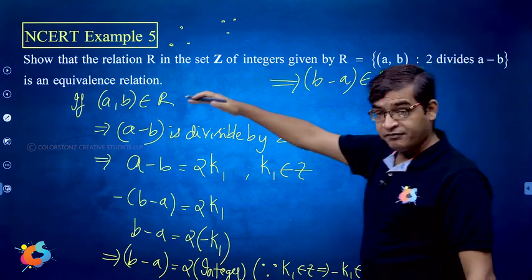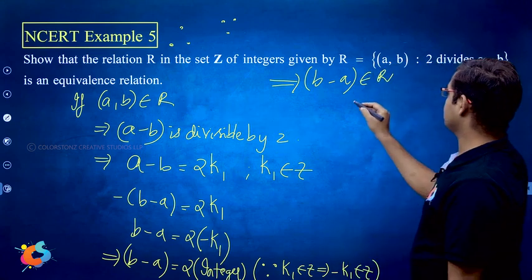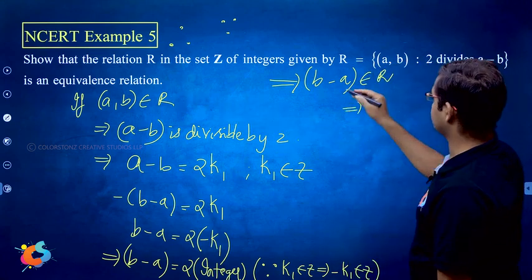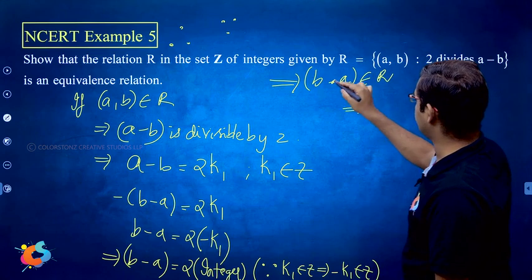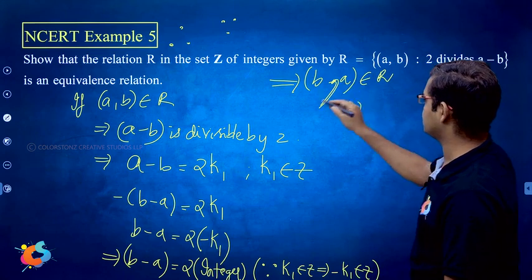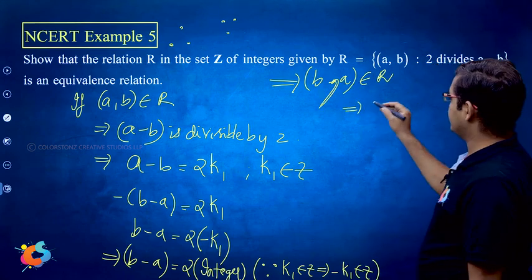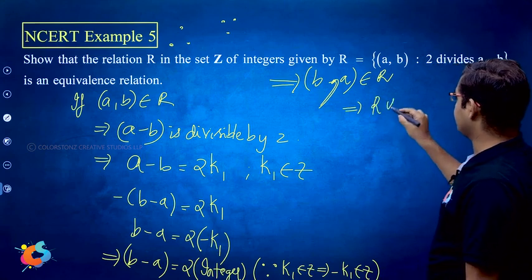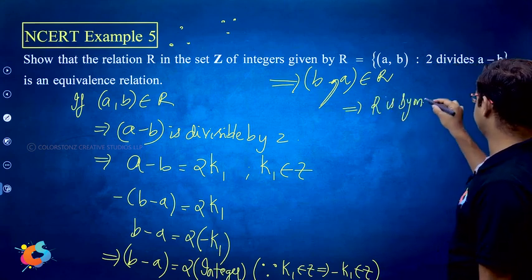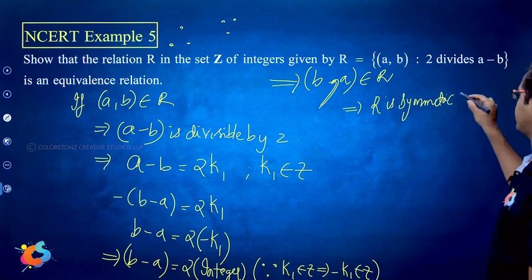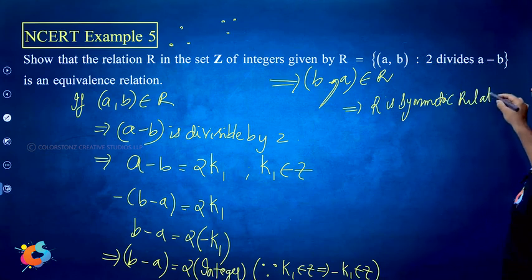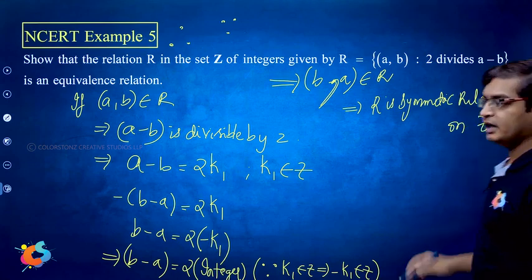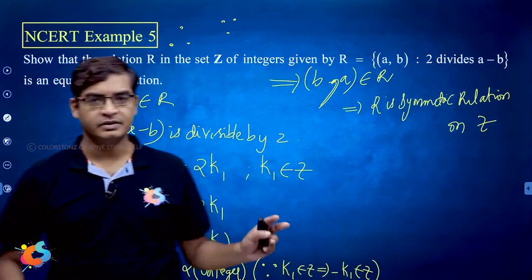So therefore, if a comma b belongs to R, this implies b comma a belongs to R. So implies R is a symmetric relation on the set of integers. Simple.